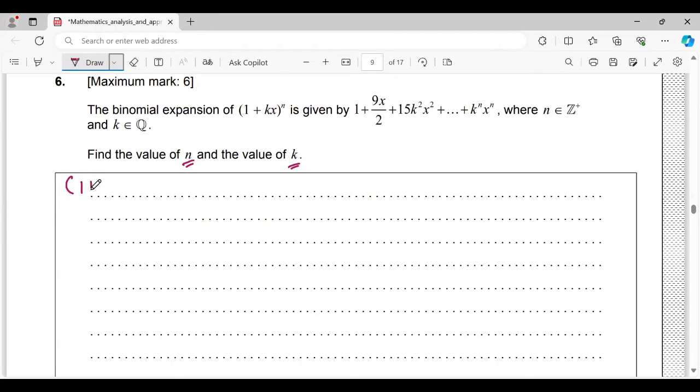I'm going to write (1 plus kx) power n as a combination, like this.